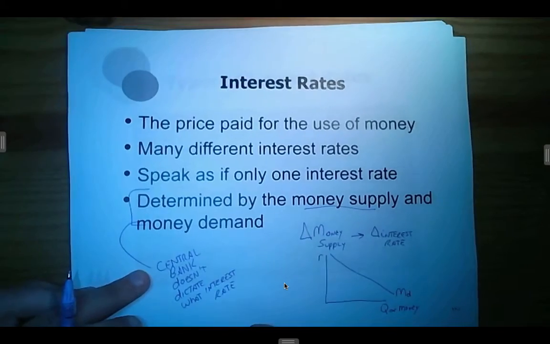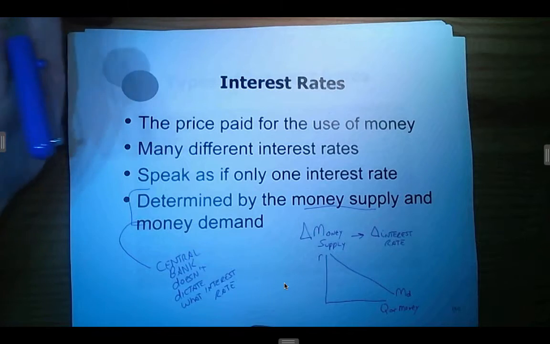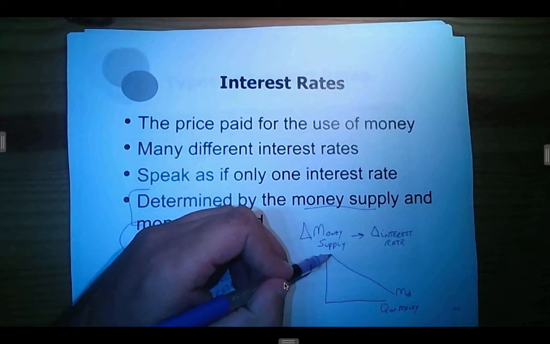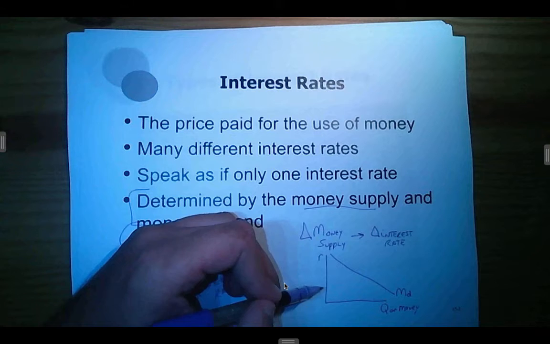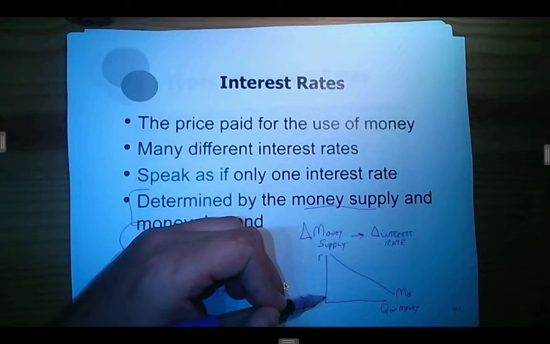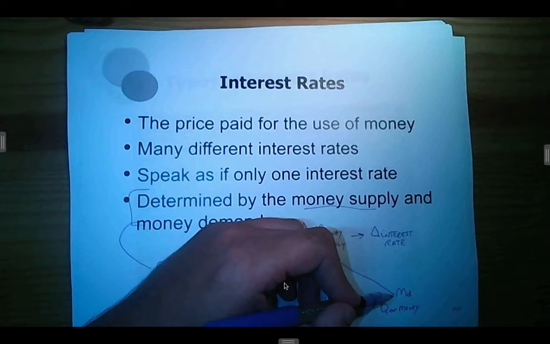What we mean by money demand is your demand to be holding cash or to need cash. If the interest rates are very high, you're not going to want to hold a lot of cash, right? Because you're going to want to put it in the bank and earn that very high interest. If interest rates are very low, as they are now, people might be willing to hold lots and lots of cash.